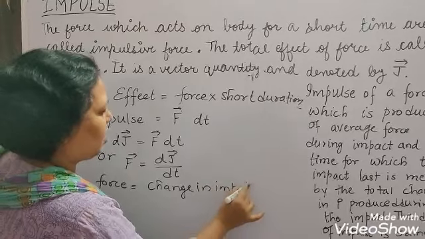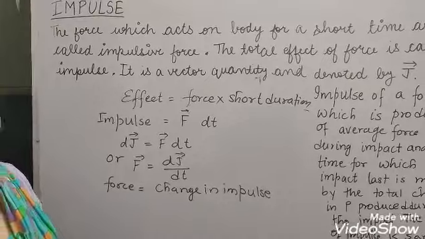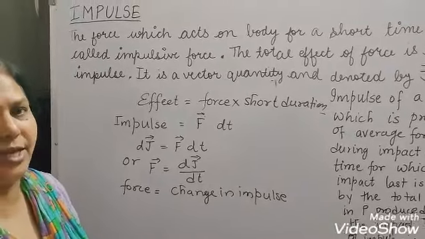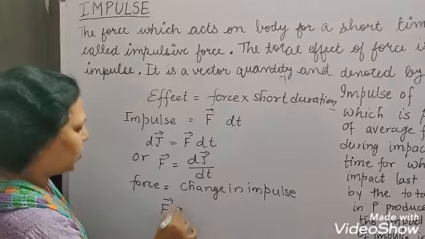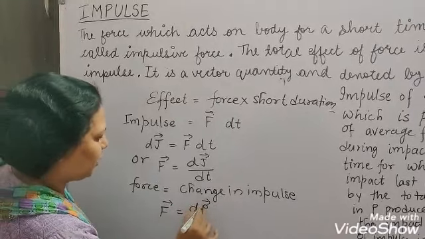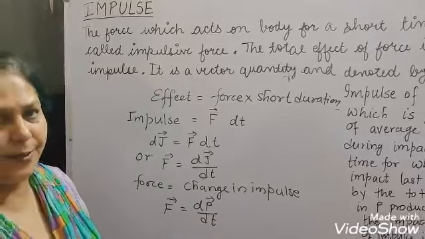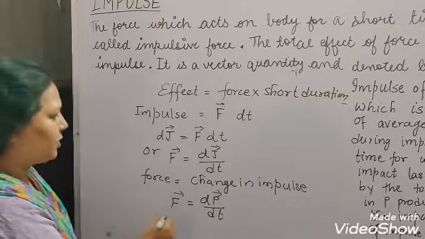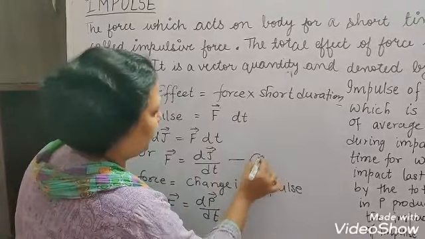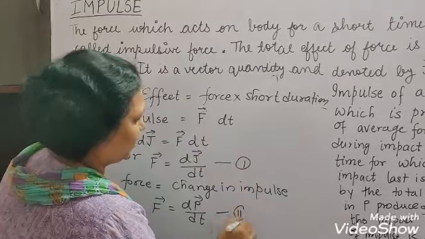Now one more thing: we have already defined in Newton's second law of motion that force is equal to the rate of change of momentum, that means dp upon dt. Just see these equations, equation 1 and equation 2.